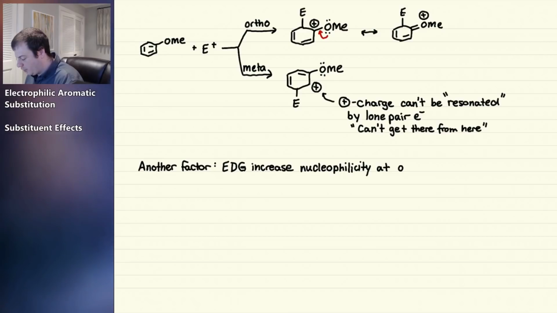And sometimes I'll abbreviate ortho and para as O and P positions. So here we'll look at an example of what I mean by that by drawing some resonance structures.